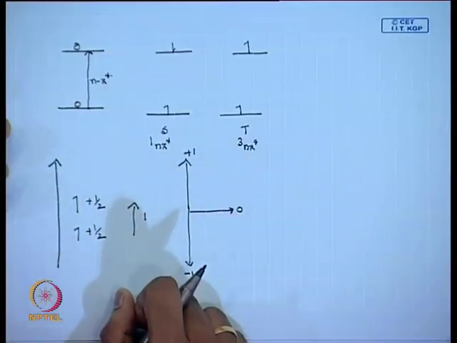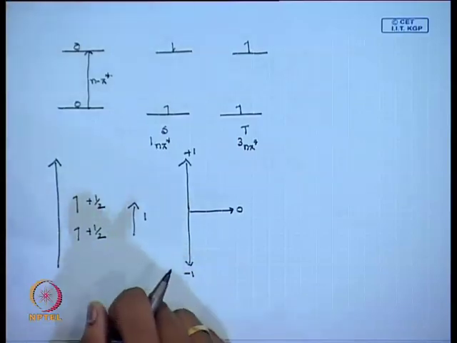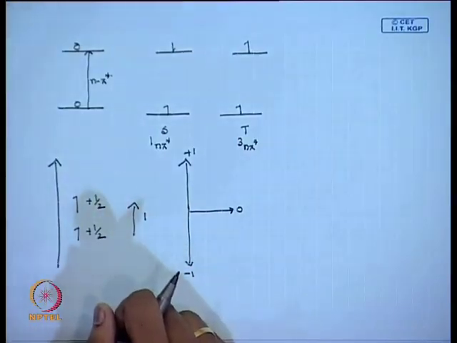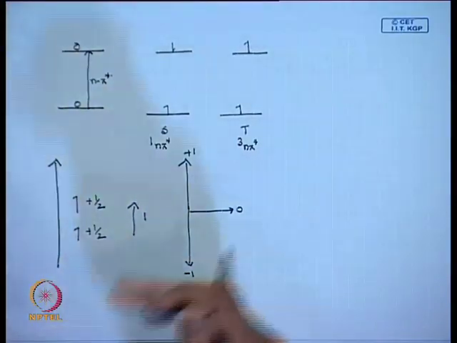It is clear up to this. So, we have now introduced the concept of spin into this, and we are saying singlet and triplet. Now, I am going to introduce one more concept here, which is energy. First I introduced the concept of spin, now I am going to introduce the concept of energy.